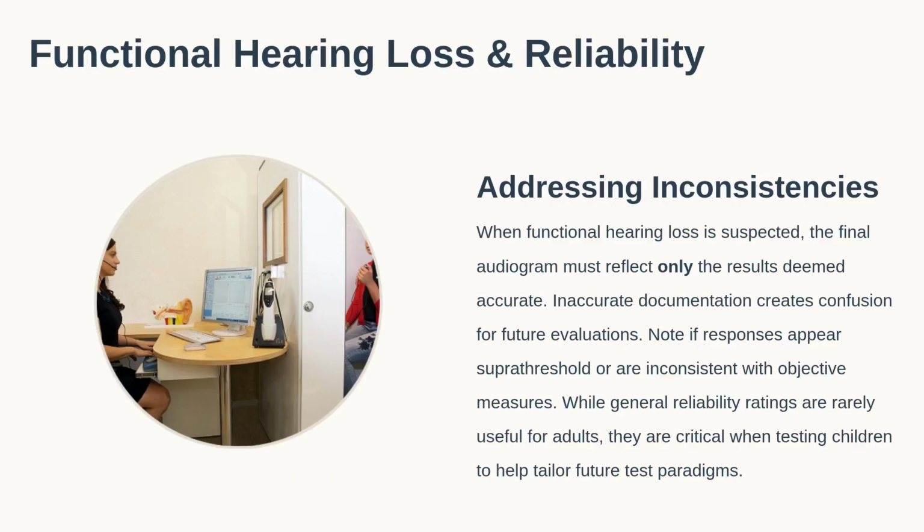Also, relying on generic terms like reliability, like fair for an adult, is kind of useless. Does that mean they were sleepy, malingering, confused? Instead, specifically describe the behavior: responses were inconsistent and suprathreshold. Note, however, that pediatric reliability ratings are useful, and those can come in handy, as it helps the next audiologist tailor their test approach.